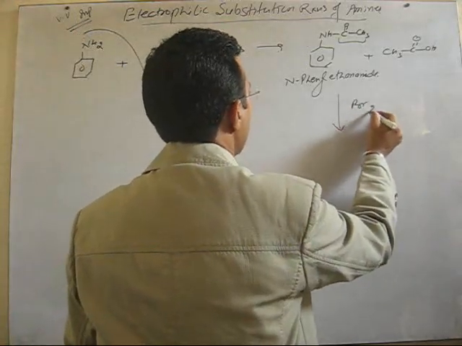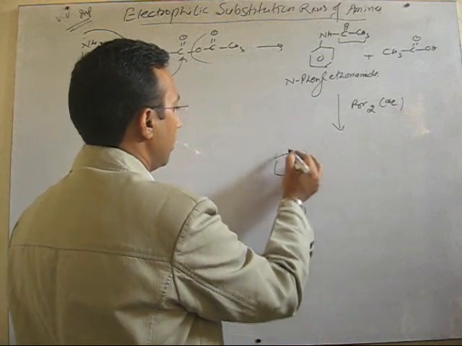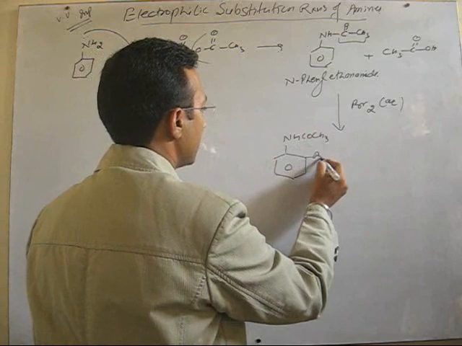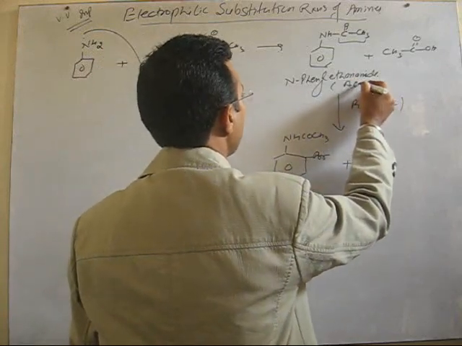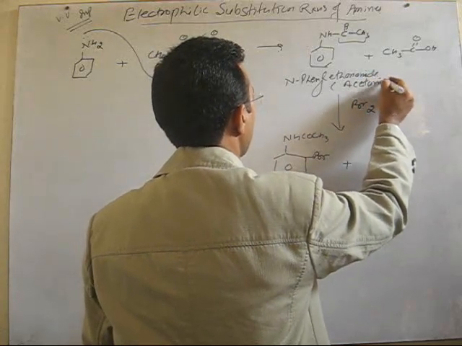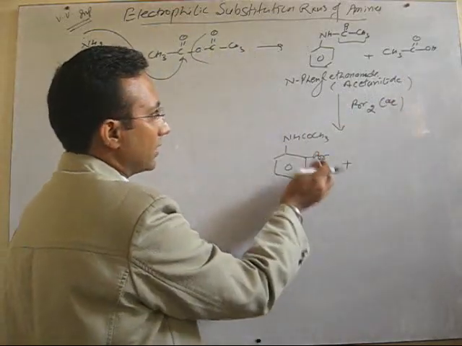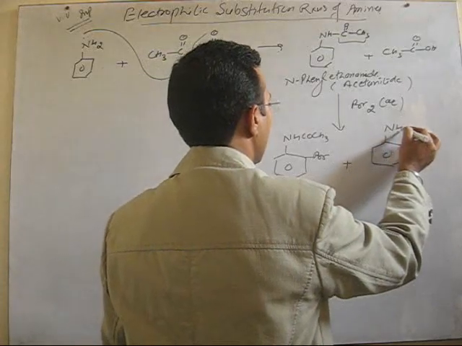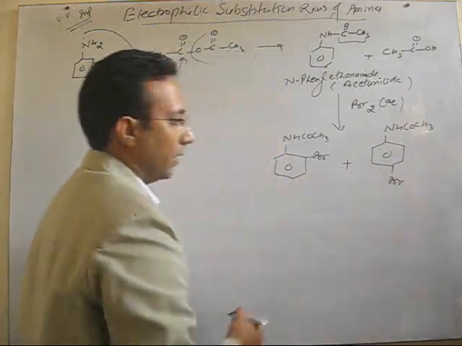Now if it reacts with bromine, then you get the usual mono-substituted product, that is ortho-bromo. The common name for this is acetanilide. So this compound is ortho-bromo-acetanilide plus another mono-substituted product, which were the expected products, that is para.